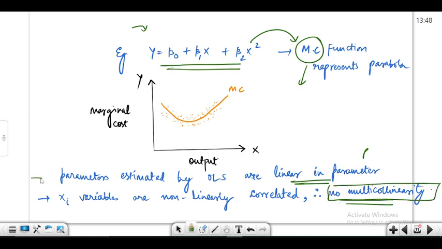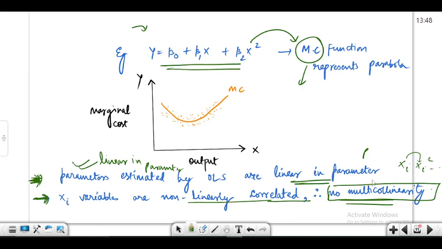This is basically talking about the properties, and how both properties are satisfied: it is linear in parameters, and the xi variables are non-linearly correlated because I have non-linear variables, like xi square, etc. There can't be a collinear relationship because they are not linear.